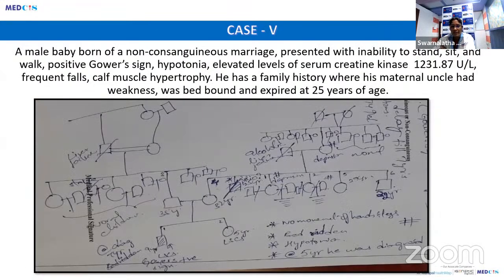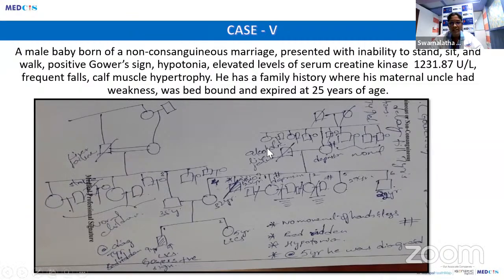Coming to case 5, a male baby born of a non-consanguineous marriage presented with inability to stand, sit and walk, a positive Gowers sign, hypotonia, elevated levels of serum creatine kinase, frequent falls and calf muscle hypertrophy. He has a family history where his maternal uncle had weakness, was bedbound and expired at the age of 25 years.